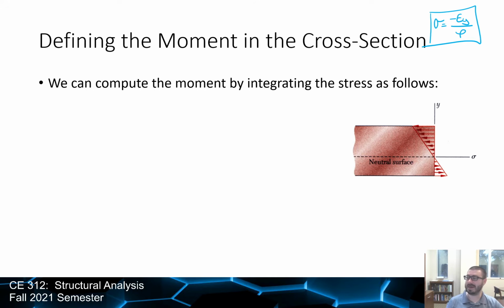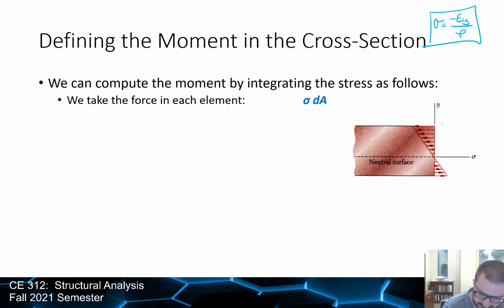Now let's look at it from an equilibrium standpoint. We can also look at this from a moment standpoint by integrating the stress along the cross section. Let's just make this a rectangular section, so this is a rectangular beam, and let's say this is the neutral axis.